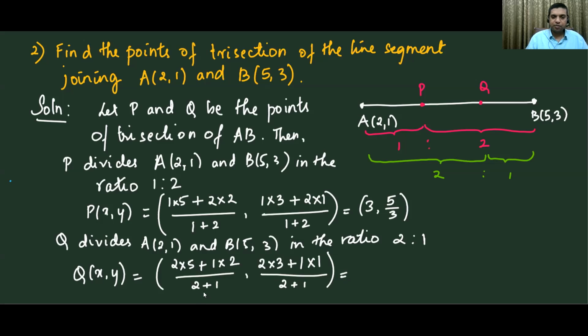That is mx2 plus nx1 by m plus n, my2 plus ny1 by m plus n. So 5 into 2, 10 plus 2, 12 by 3 is 4. And 6 plus 1, 7 by 3. So (3, 5/3) and (4, 7/3) are the 2 points of trisection.